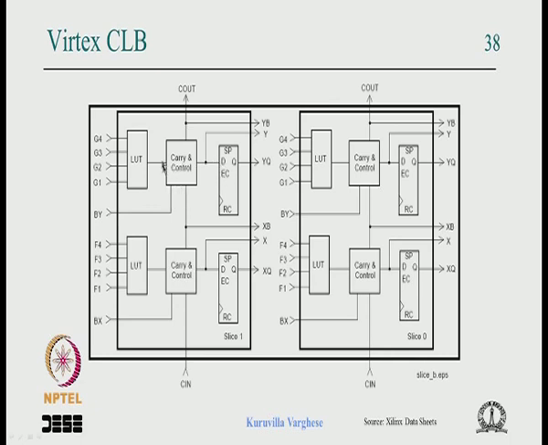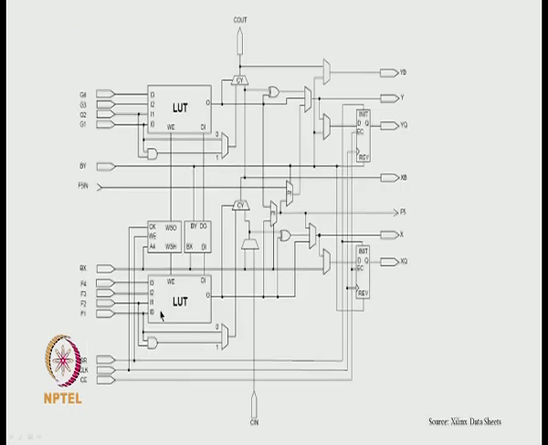So you could use the lookup table separately and the flip flop separately, or you can use it together. So that is one level of programming. What we are going to do is look at the blow up of one slice so that we can understand it a little more deeply.